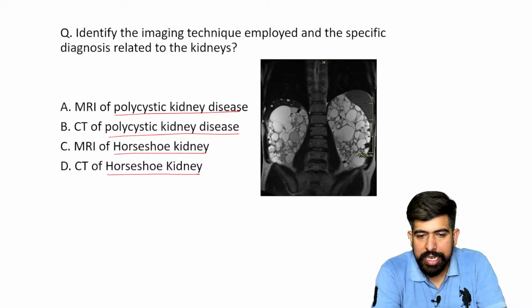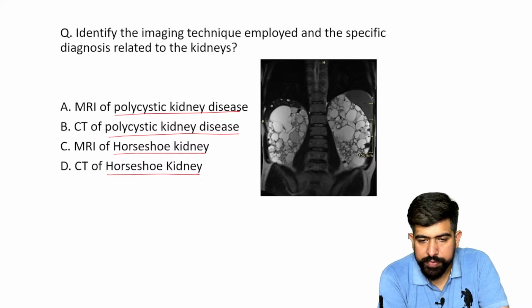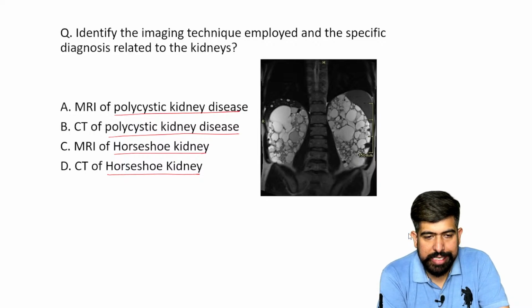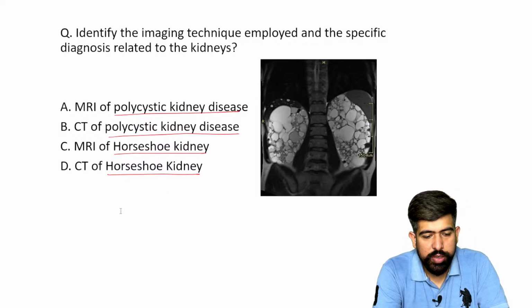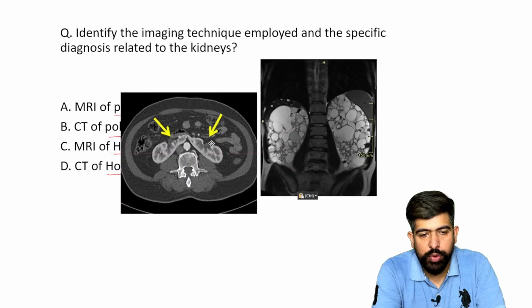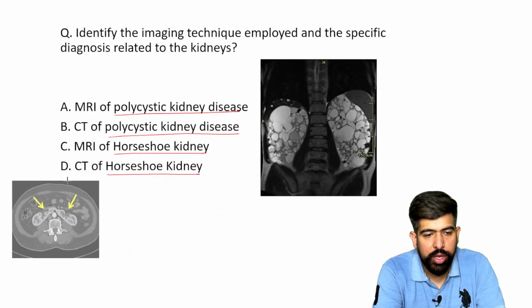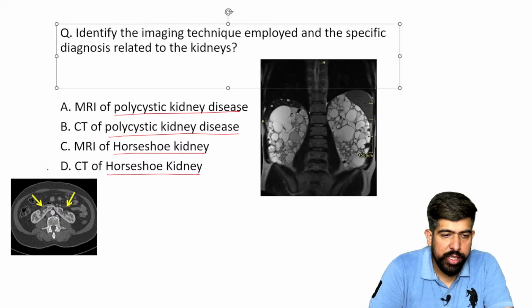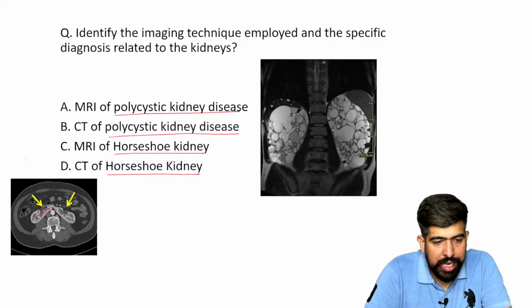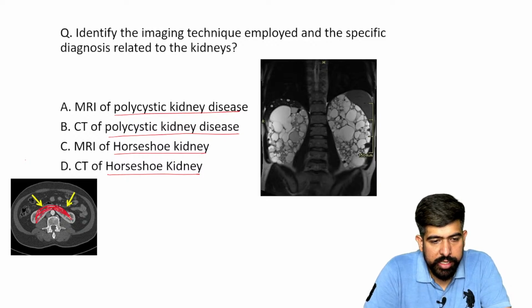Yes, the horseshoe kidney should be fused. So you can see over here, I am putting an image of a horseshoe kidney for your understanding, and you can see both kidneys are attached. Can you see this? This is the horseshoe kidney. It does not seem like that, so option C and option D are ruled out.